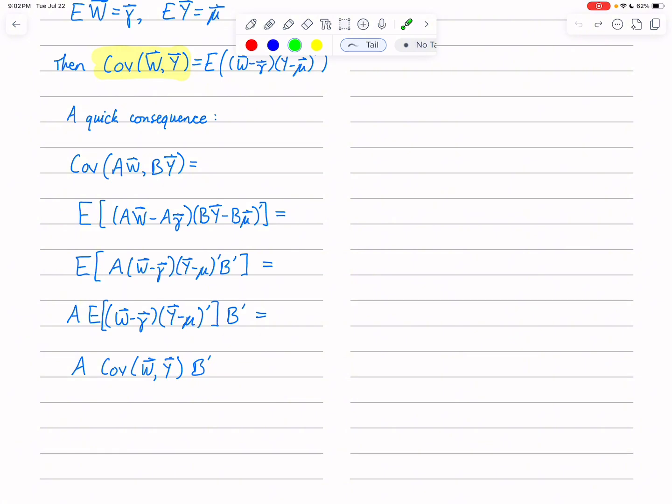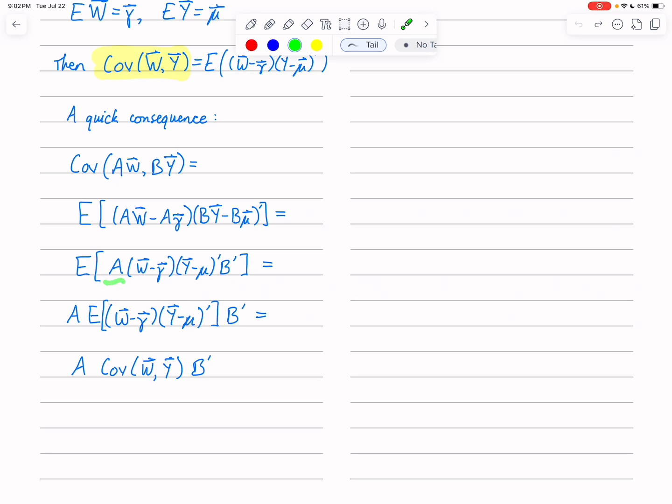In particular, let's take the transpose of this matrix. I'm also factoring out A. I am taking the matrix A and moving it outside to the left. I'm also taking the matrix B and moving it outside to the left, but then I'm taking the transpose, so what I get is B transpose on the right times everything else transposed.